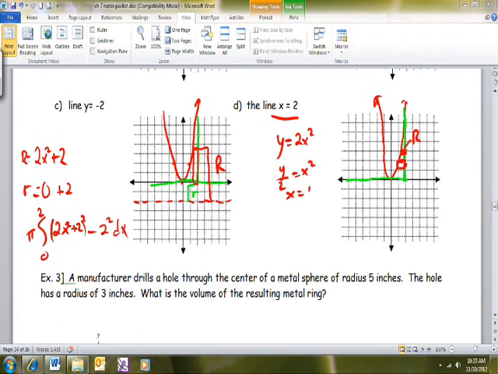X is going to be plus or minus the square root of y over 2. The positive is going to be the right half, the negative is going to be the left half. I don't really care for the negative side because that's not what I have in my picture. So the function that we want to be looking at is our x equals. We'll talk about how we can do this later. It's called the shell method.